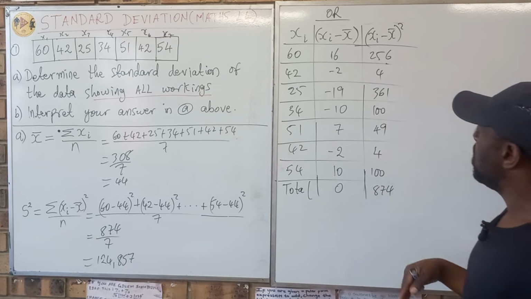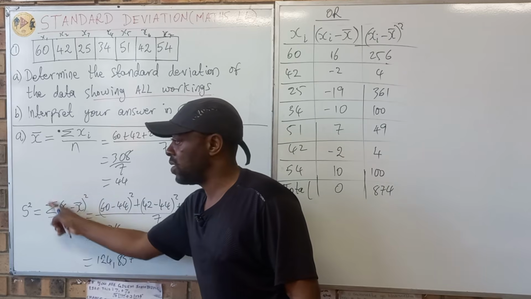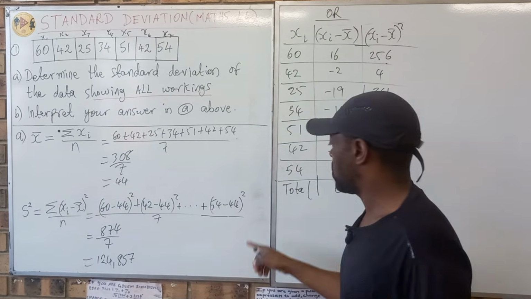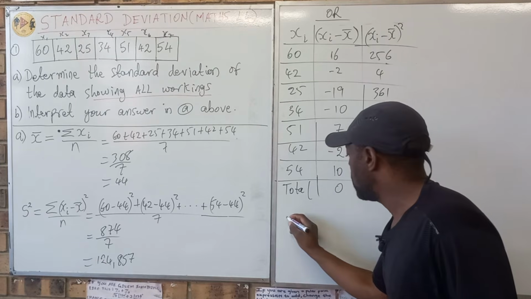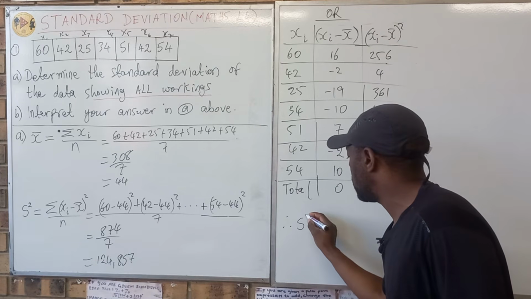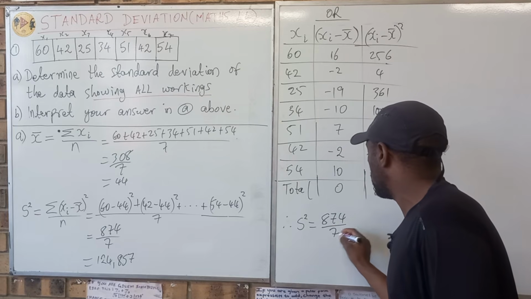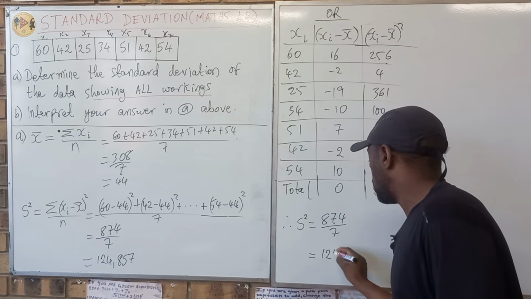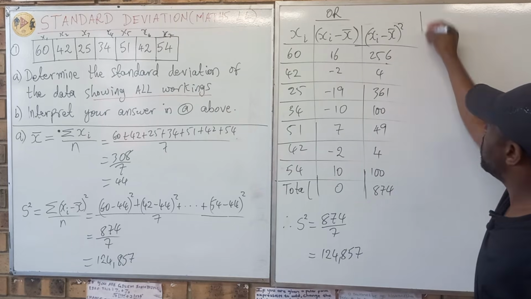The table is developed using the numerator of the formula for the variance, so it's supposed to lead us to the same 874. That therefore tells us that our variance is 874 over 7, which should lead us to the same 124.857. So we are done with the variance.